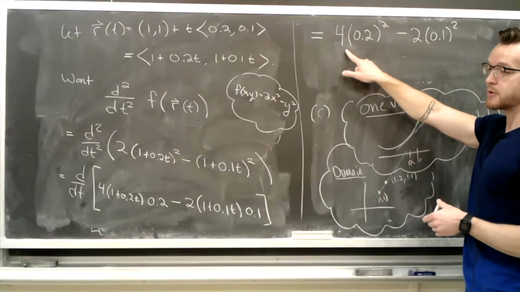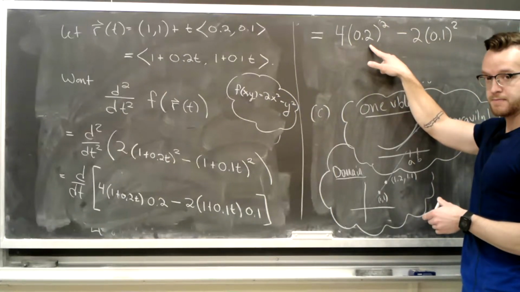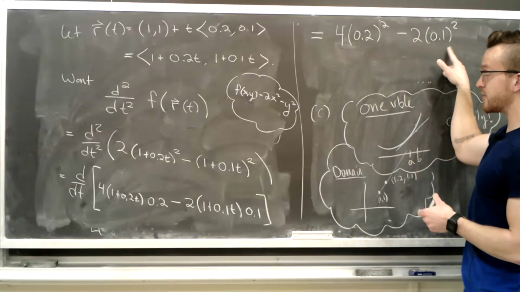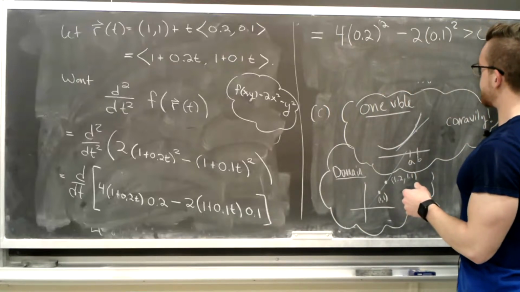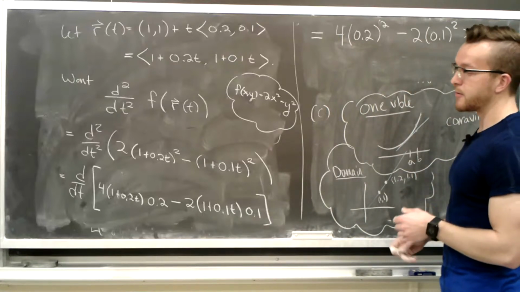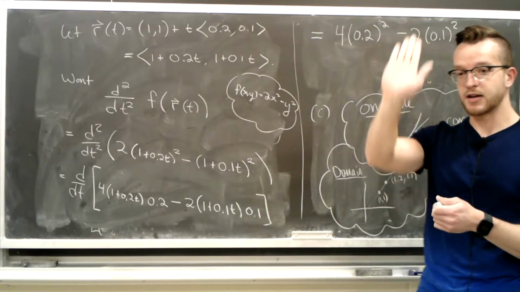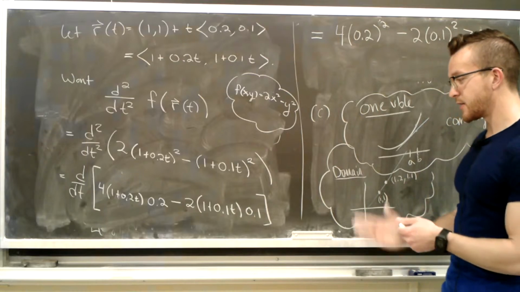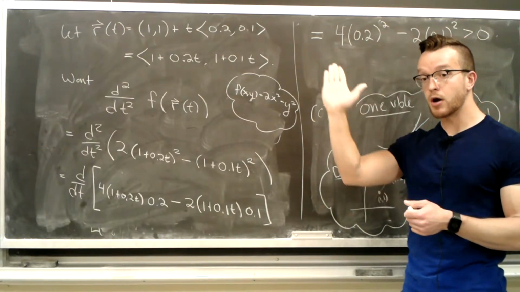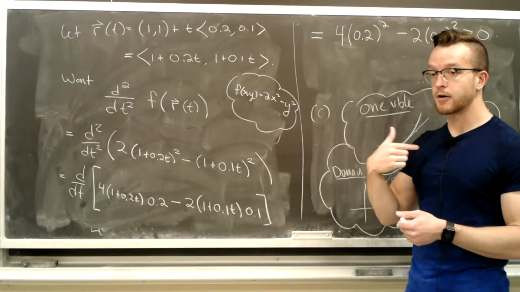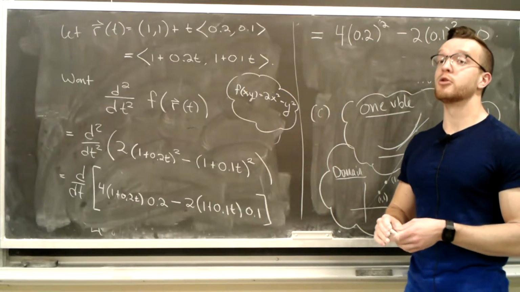This number is definitely positive because this one is for sure bigger than this. So this is positive. That means in this direction, the function's concave up. So I expect the linearization to lie below, which means our estimate is probably an underestimate.